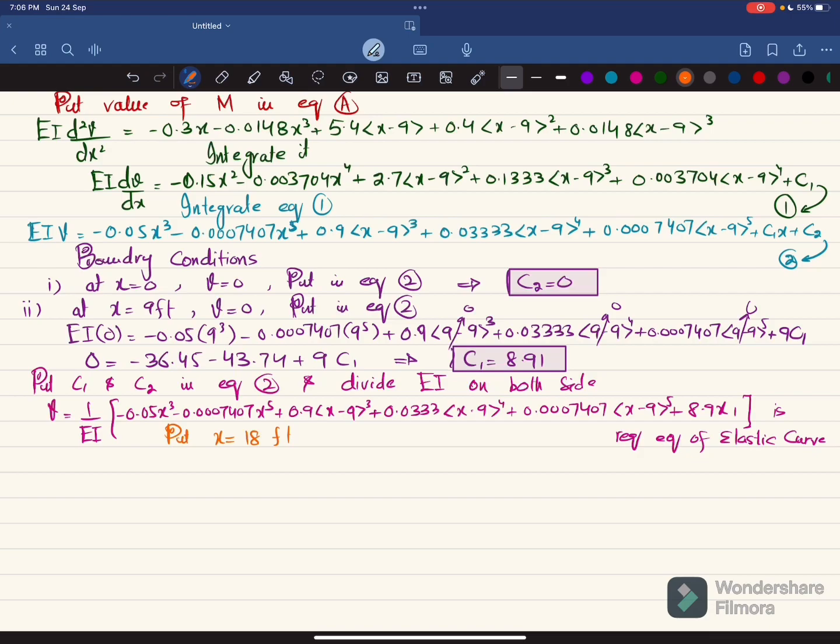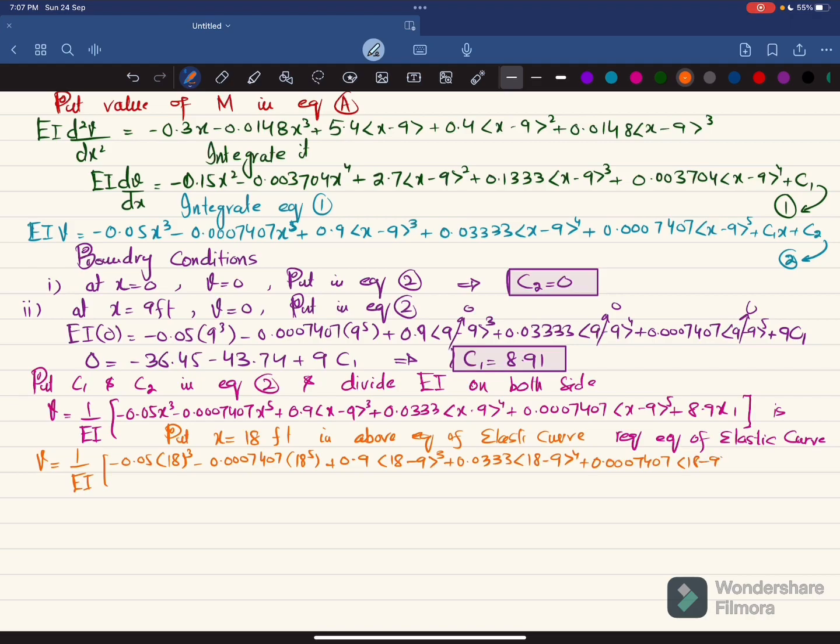So what we'll do is that in the above equation of elastic curve, you will get V is equal to 1 over E into I, and that will be minus 0.05 into 18 cube minus 0.000747 into 18 power 5 plus 0.9 into 18 minus 9 power 3 plus 0.0333 into 18 minus 9 power 4 plus 0.000747 into 18 minus 9 power 5 plus 8.9 into 18.